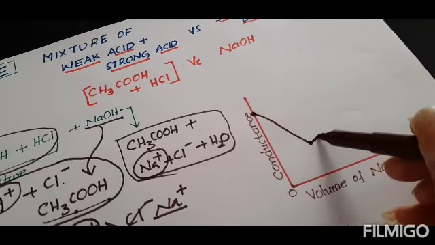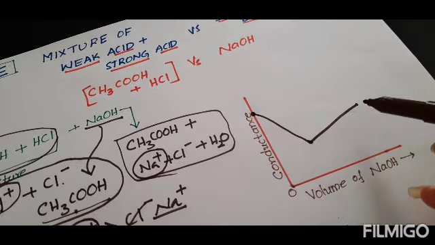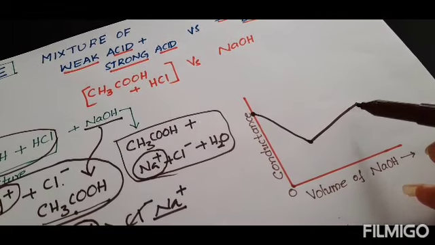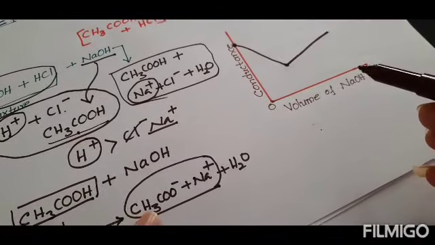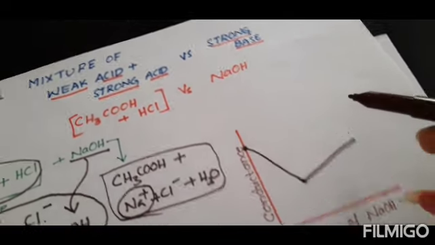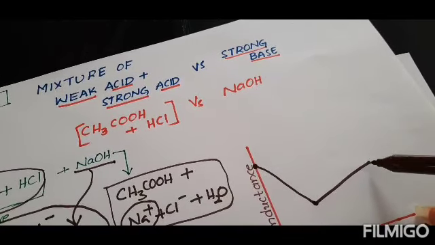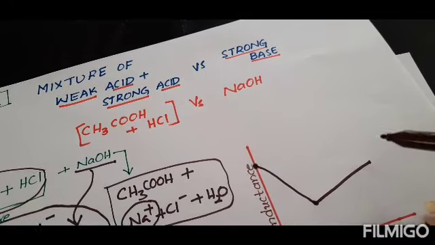Now it changes like this. Why is there an increase in the conductance? Due to the formation of Na plus and CH3COO minus ions. After reaching the second end point, that means the conductance increased until all the acetic acid is consumed.